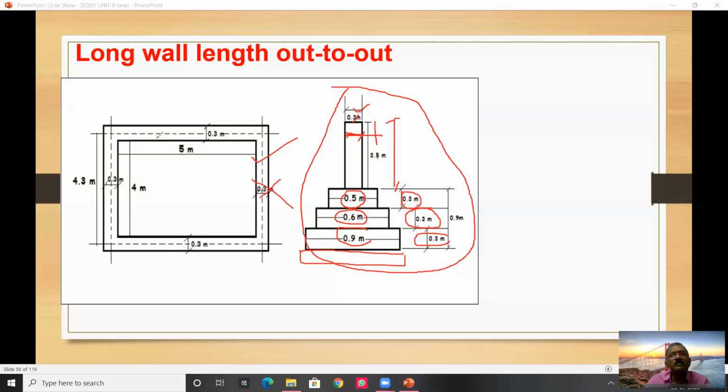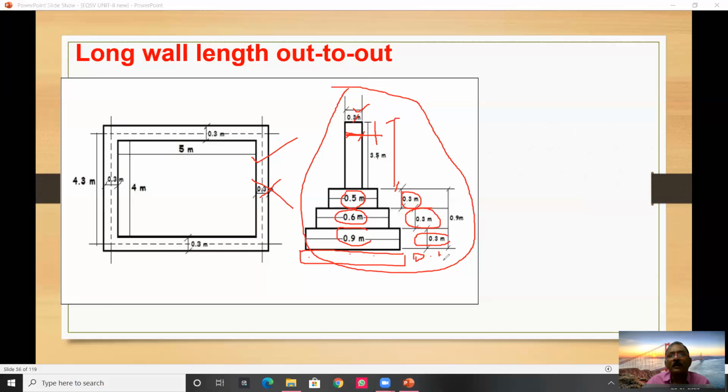Of course, there are windows and doors, but first of all, we try to understand the concept of the long wall, short wall method, or separate wall method. To understand this, this is one example where we are doing a complete room with two long walls and two short walls. And here is the cross section with the foundation. Say this is 0.3 meters.